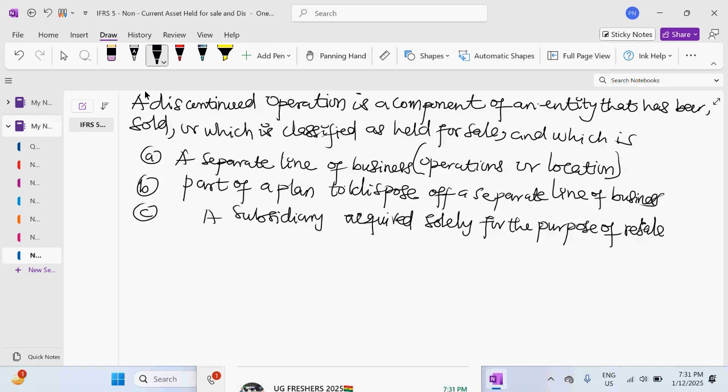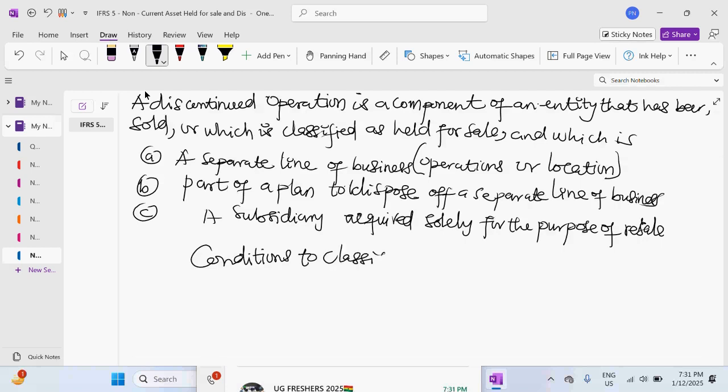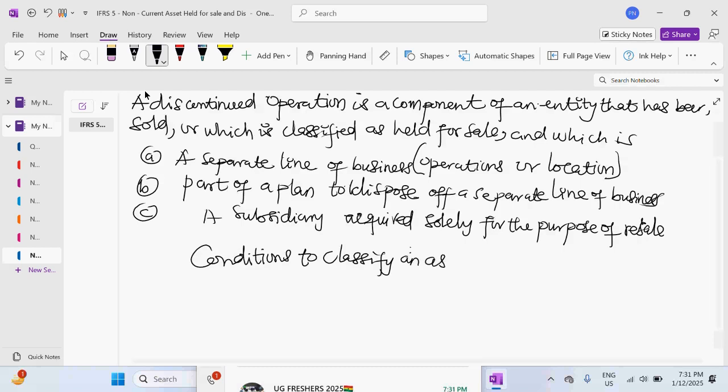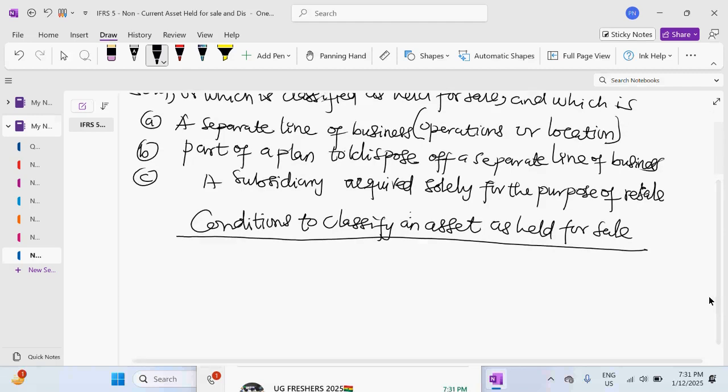So, conditions to classify an asset as held for sale.